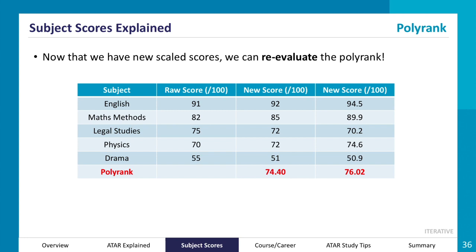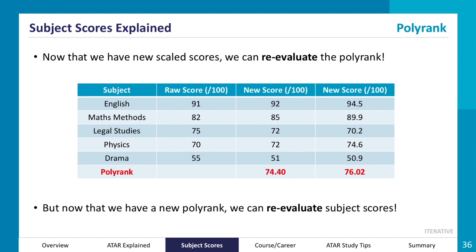Cool. But now that we have a new Polyrank, we can recalculate the average Polyrank of every score across every subject. So we can essentially repeat that same process. So now we look at everybody who achieved a raw 91 in English, for example, and find the average Polyrank based on that updated round of Polyranks.